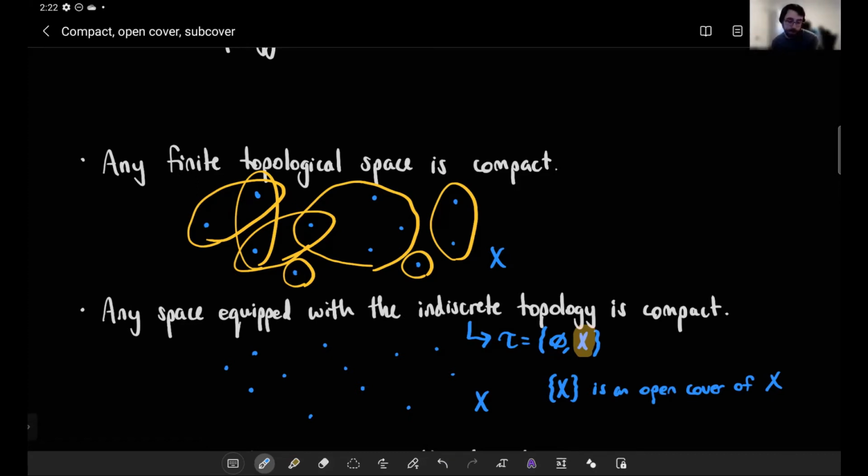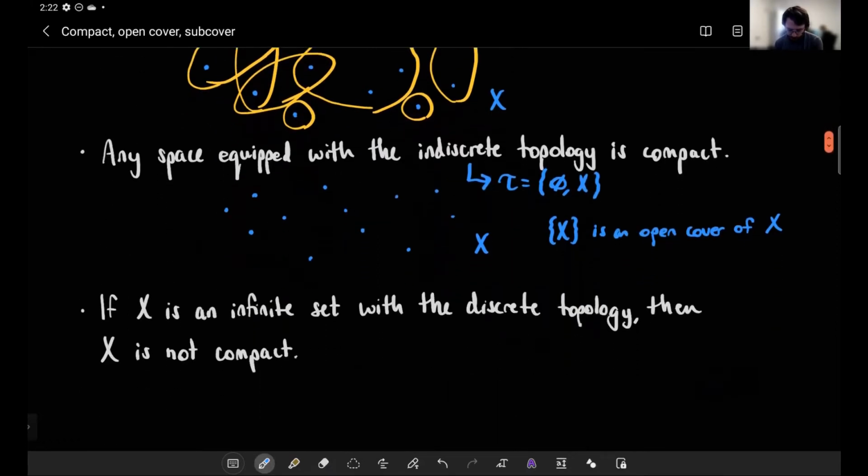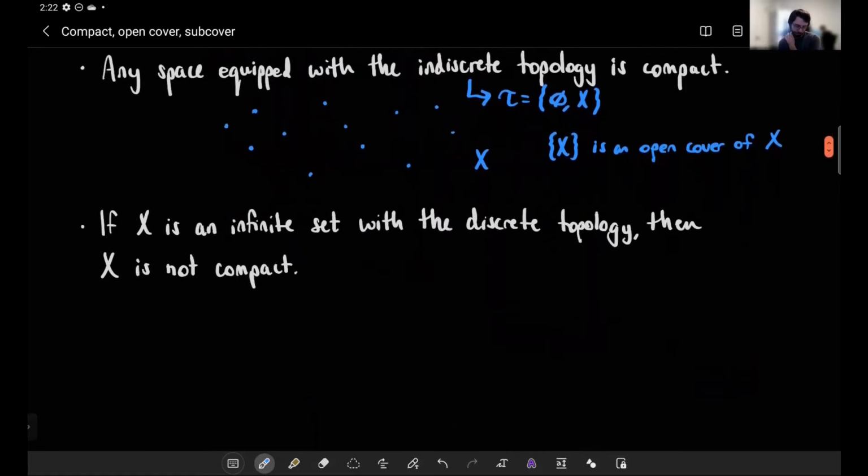And so that's already finite. So take a subcover and it will be finite as well. So it's a great source for counterexamples, or just examples in general.